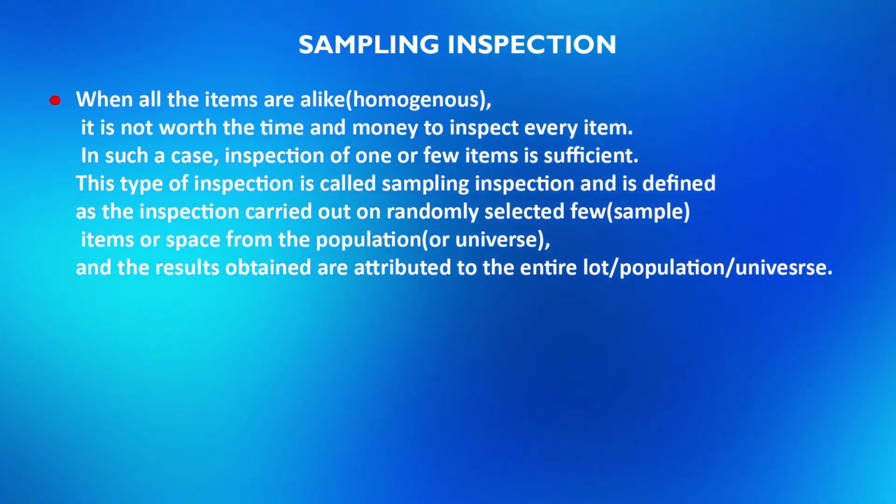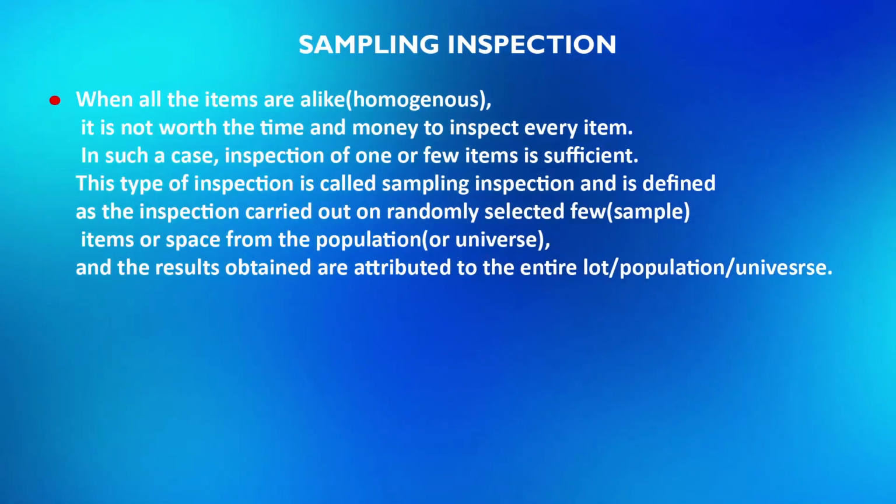Suppose we are producing a lot of 500 nuts. In that we will take some samples, it may be 20 samples or it may be 50 samples. If the samples are found okay, then we accept the total lot. That is the importance of acceptance sampling.